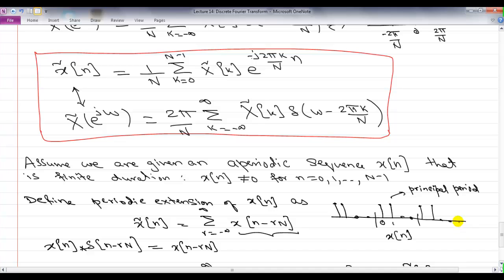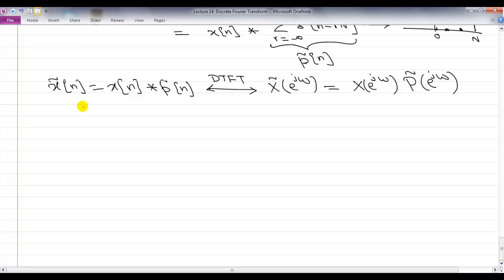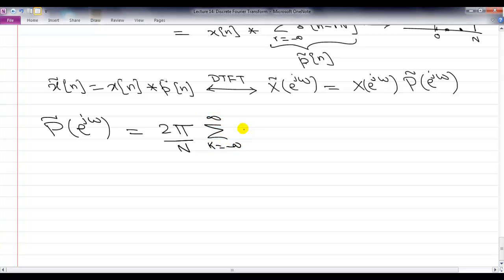So if you use that expression, then P tilde of e to the j omega has to be equal to 2 pi over N times the summation over k from minus infinity to infinity of P tilde of k delta of omega minus 2 pi k over N. But the example we did earlier in class shows that P tilde of k are all equal to 1.